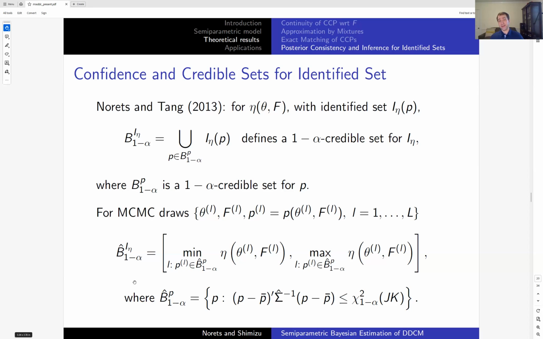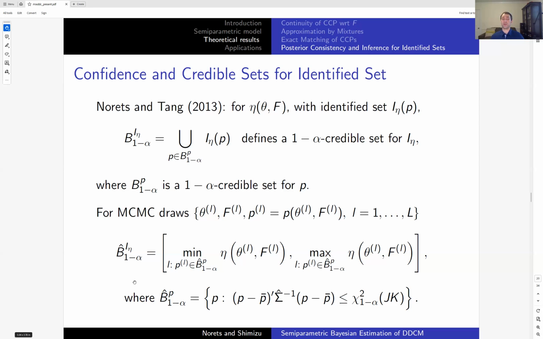Specifically, let's introduce notation for the identified set of some function eta of theta and f. It could be just theta, some components of theta, for example, or it could be a counterfactual, like what happens to the number of doctor visits. All these values consistent with p, so that theta and f give us that exact p, will be called the identified set for this parameter eta.